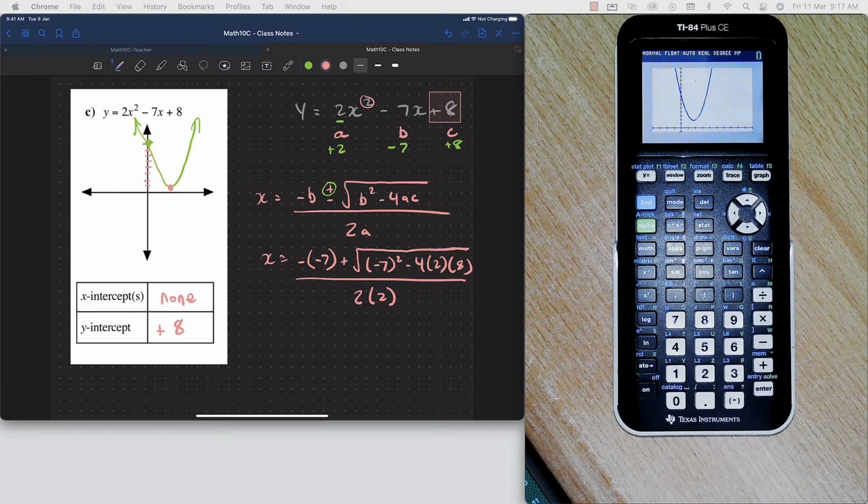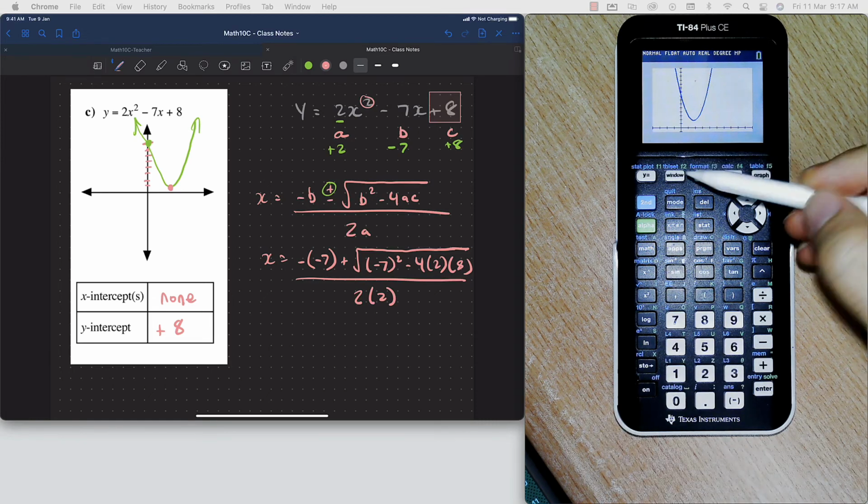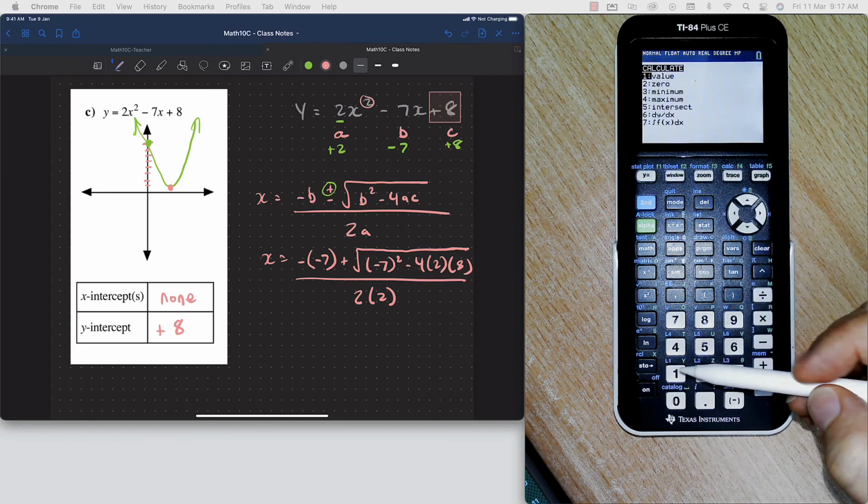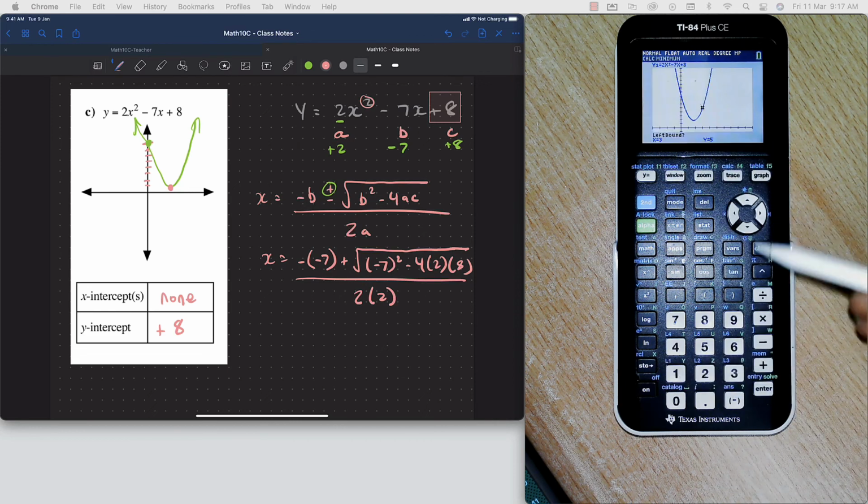Now what I want to find out again is what is that minimum point right there. Now in this case I don't have any x-intercepts that I can use properly. So I'm going to use the function in here, which is the minimum. So I'm going to go to second calc, the minimum, which is 3. And it says go a little bit left. So there's left, a little bit right. There's right, enter.